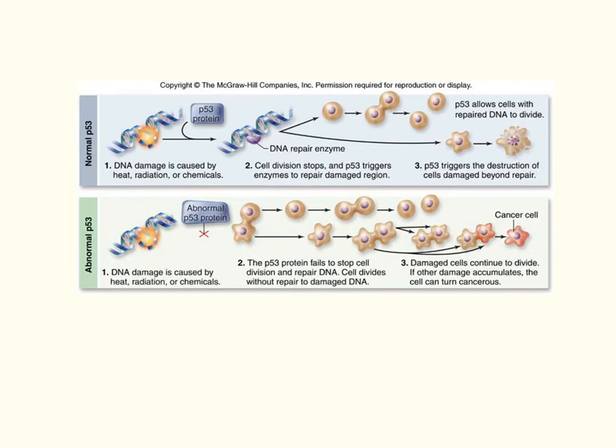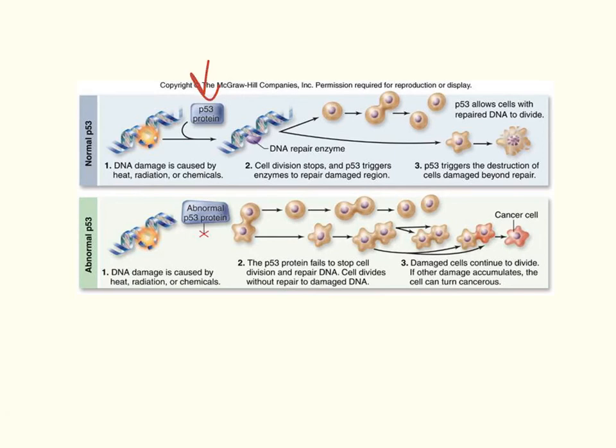The example your book uses is a well-known tumor suppressor gene known as the P53 gene. It halts cell division if damaged DNA is detected. So in this top picture, you will see a normal P53 protein made by the P53 gene.